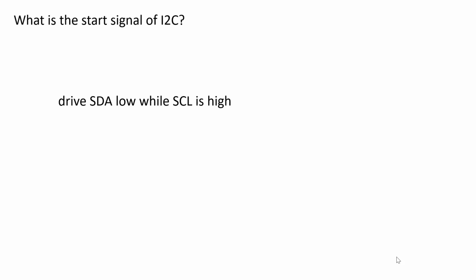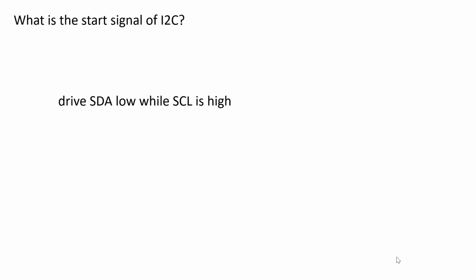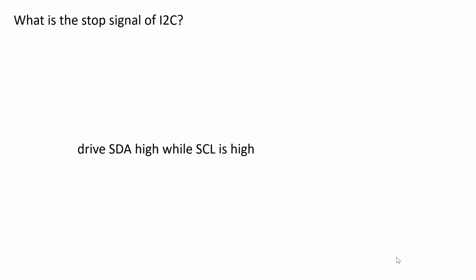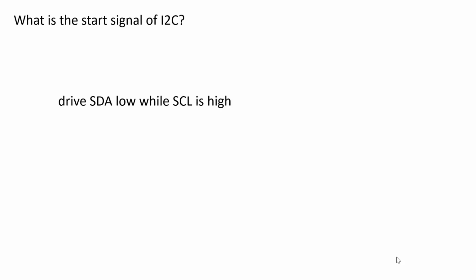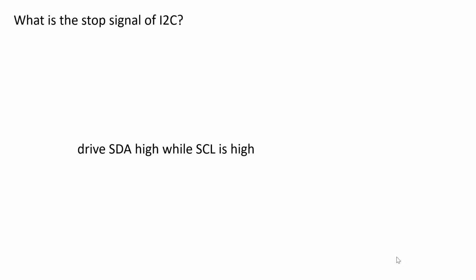Right? The data is supposed to be frozen whenever the clock is high. So changing the data when the clock is high means start or stop. Start or stop signal, right? Stop signal, drive SDA high while the clock is high. So if you drive it low while the clock is high, it's the start. You drive it high while the clock is high, it's stop, right? So when the data is driven low when the clock is high, that's start. When you drive the data high when the clock is high, that's stop.